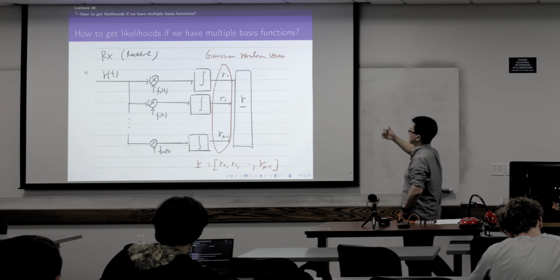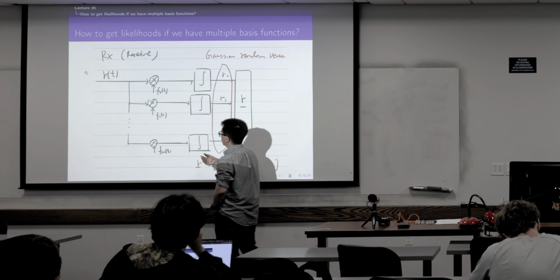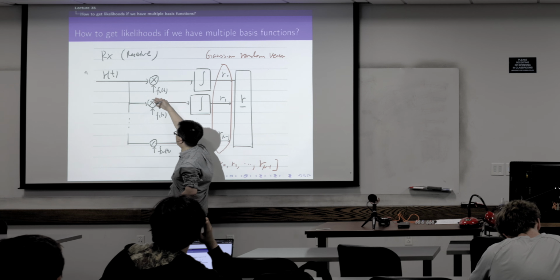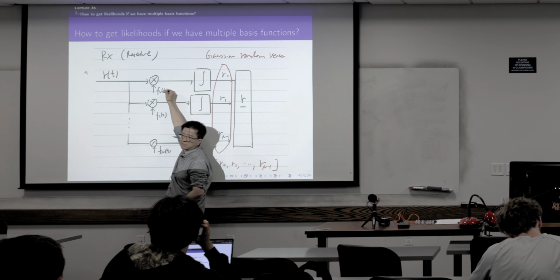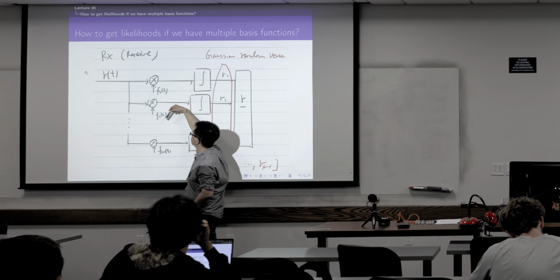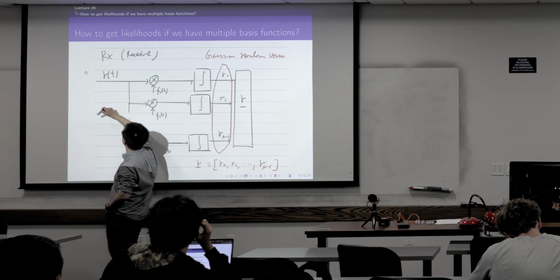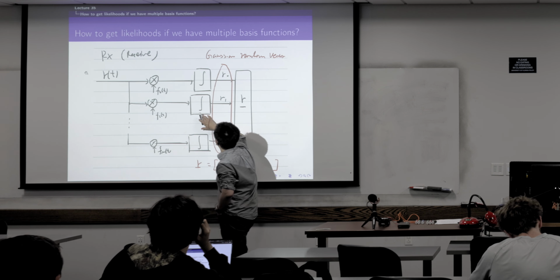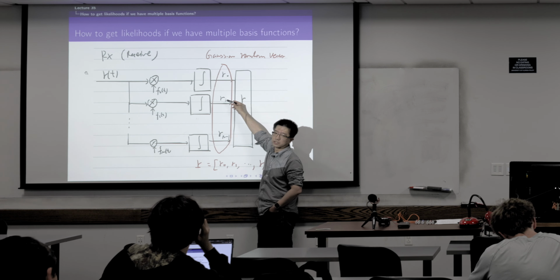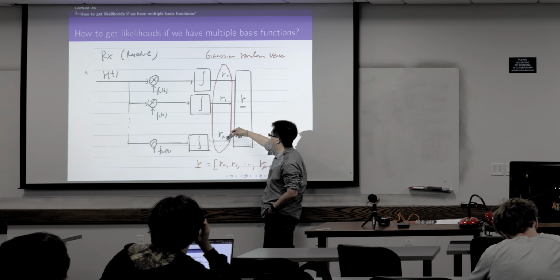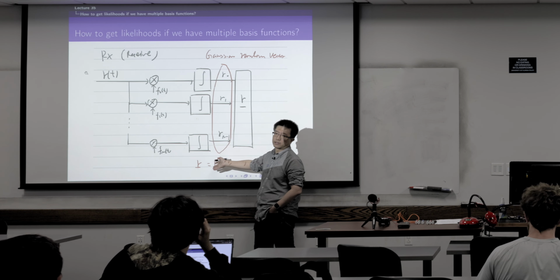Okay, and this is our receive structure. It's almost identical to before. The only difference is that now we need to multiply by all the basis functions. Before, for the antipodal case, we just had 1 f(t) here. But now in the general case, we multiply all the basis functions with our received signal r(t), and then we do the integral, and we have our signal space representation, which is r0 to r(n-1). Without noise, it would be our Si, as we just saw.